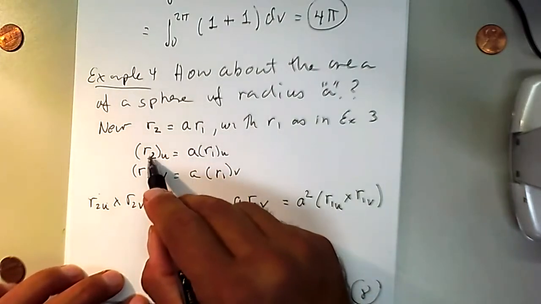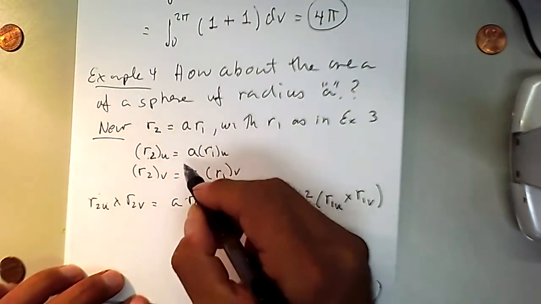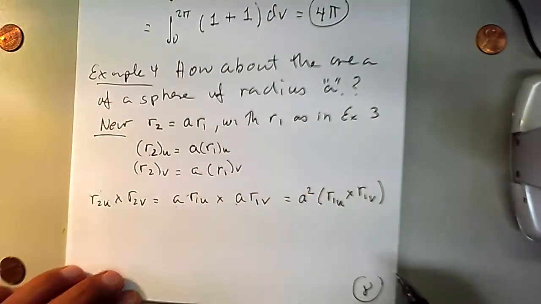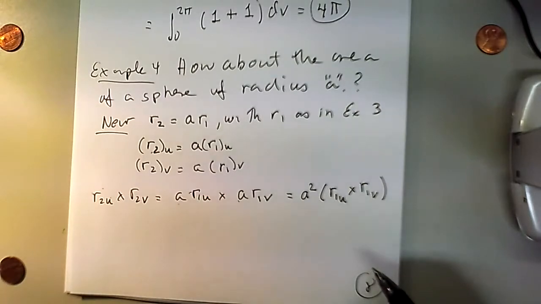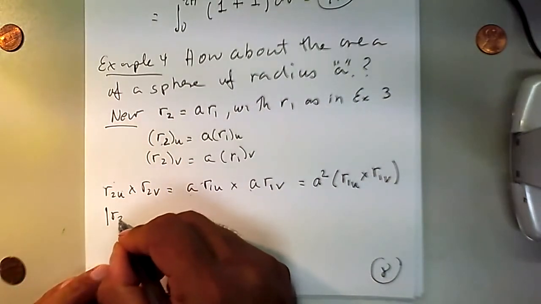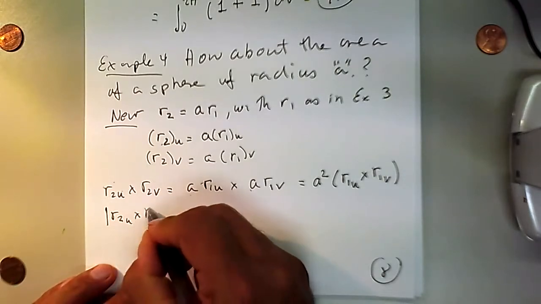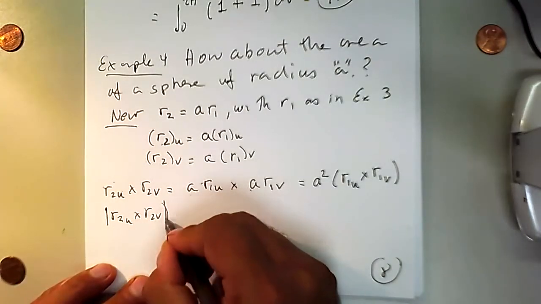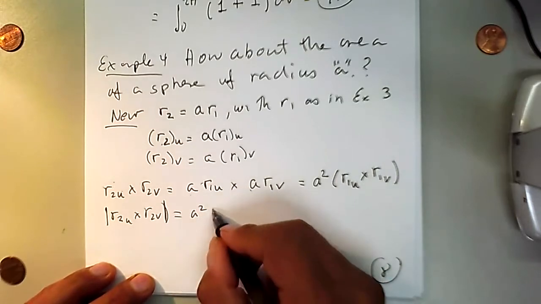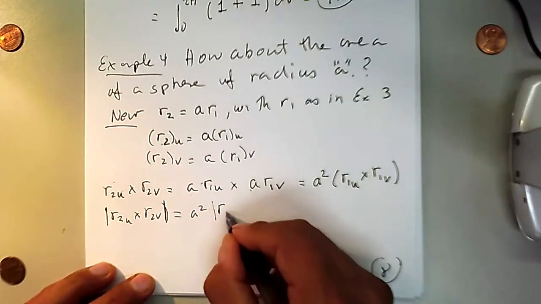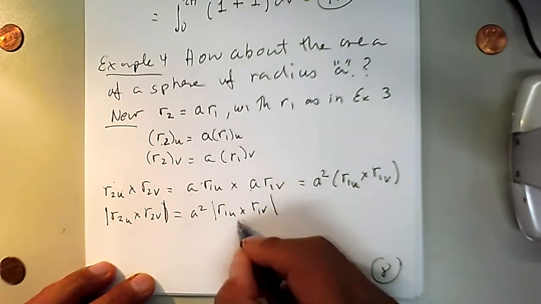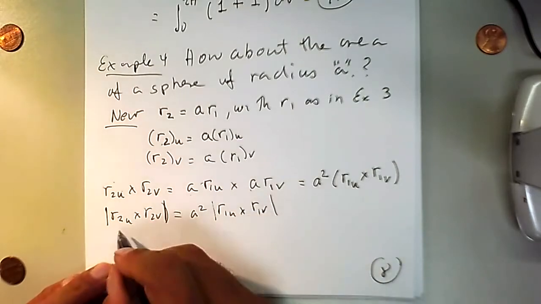The r2, which is a new r, and we're not using exactly r1, we're modifying r1 by a factor of a. So the magnitude of r2u cross with r2v is going to be the same as a squared times the magnitude of r1u cross r1v. I'm just telling this is the example 3 as opposed to example 4.